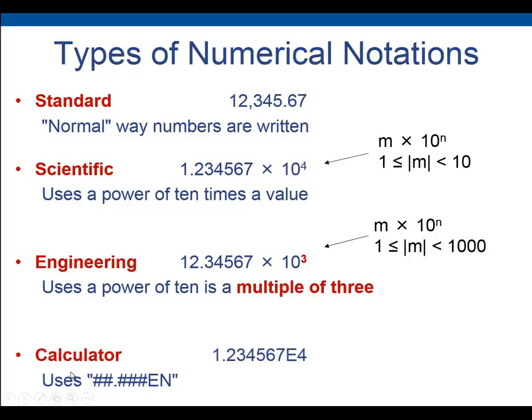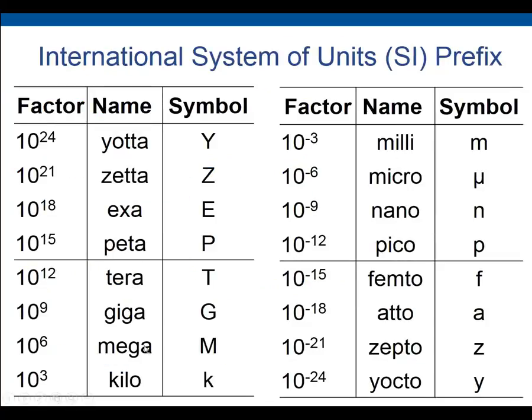The last one, calculator notation. We call it E notation. You can easily see this format on your calculator. E stands for exponent. The E means times 10 to the nth power. Here are examples of SI prefixes.